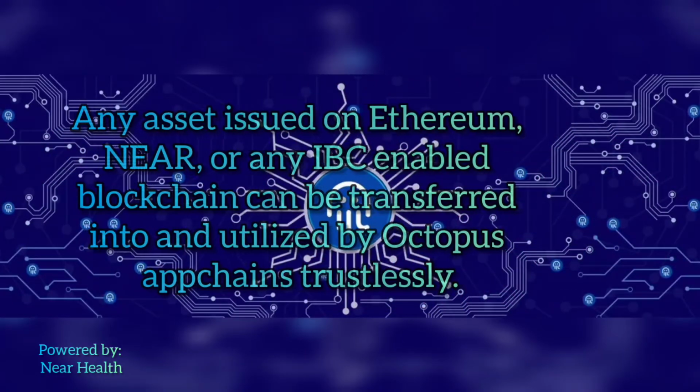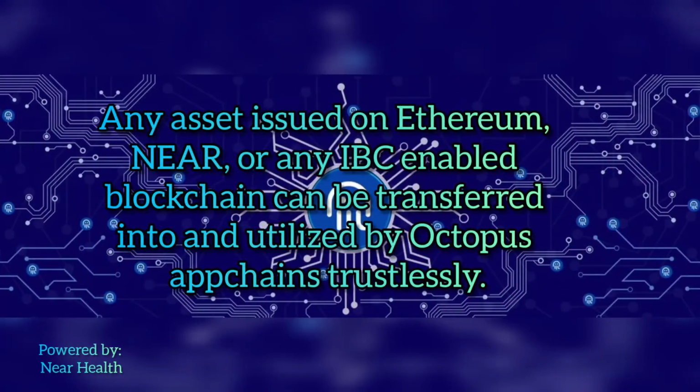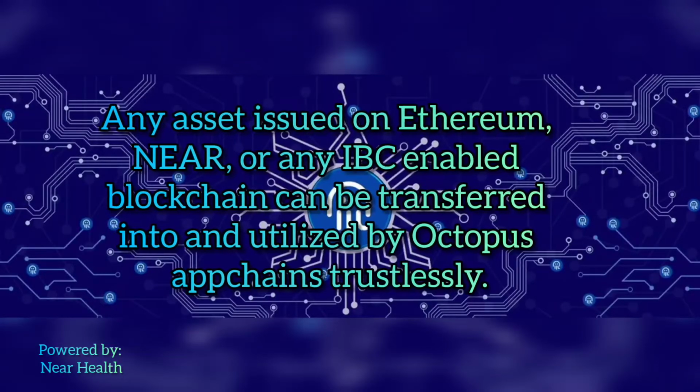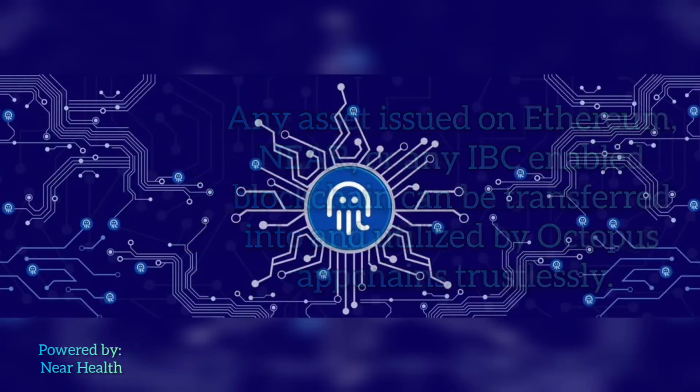Any asset issued on Ethereum, Near, or any IBC-enabled blockchain can be transferred into and utilized by Octopus Appchains trustlessly. Conversely, any assets issued on Appchains can be transferred trustlessly out to Ethereum, Near, and any IBC-enabled blockchain. With this, there can be interaction with Polkadot and its parachains, and also with Cosmos.